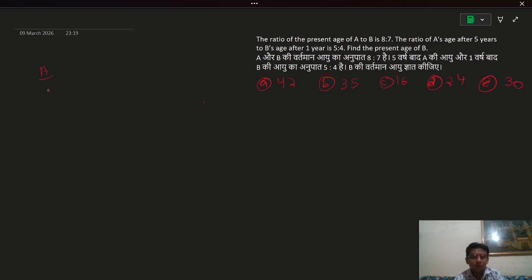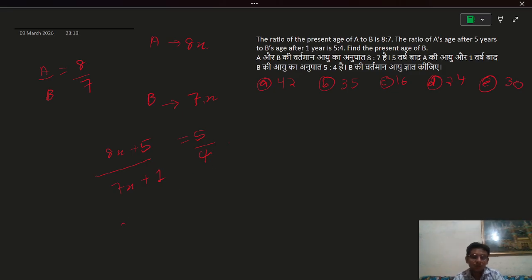A is to B, two persons are there, their present ages are 8 and 7. So let's take the present age of A and present age of B as 8x and 7x. The ratio of A's age after 5 years, 8x plus 5, to B's age after 1 year, 7x plus 1, will become 5/4. Find the present age of B.